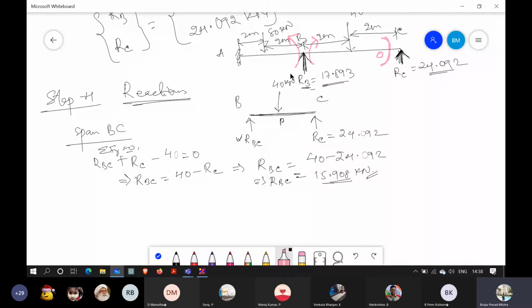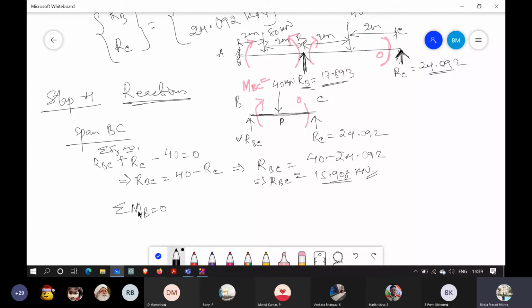So this one is 0 moment, I am just writing the 0 value, and here I am assuming in this direction. So MBC I have to find out. How will I find that? Let us take moment about point B equals 0. So summation MB equals 0.